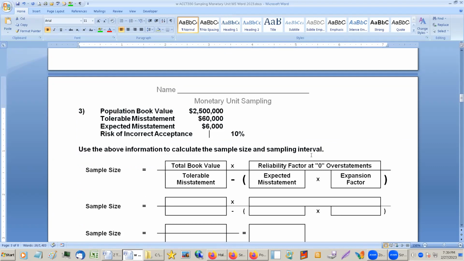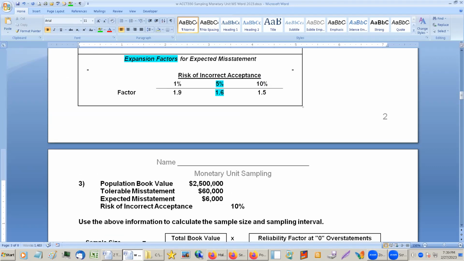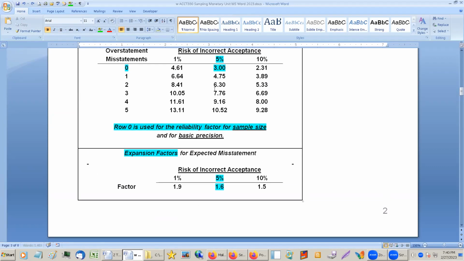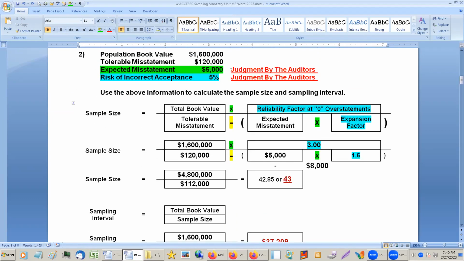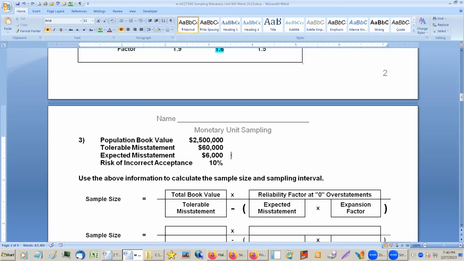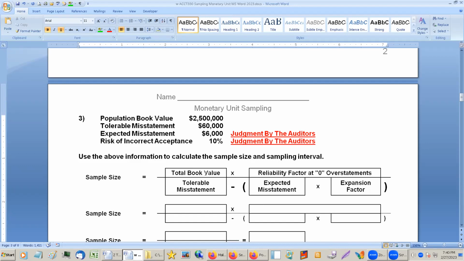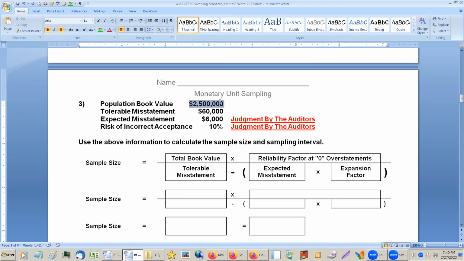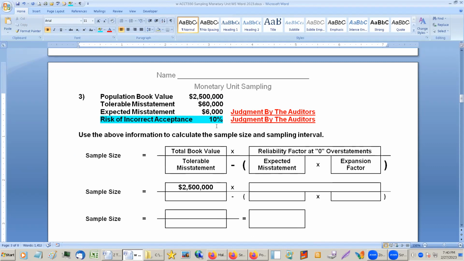And now here we're at the 10% level. Why, again, those are, oops, back. That's going to be a judgment. Be careful on this one, though, that it is different: the risk of incorrect acceptance is 10% on this one rather than 5.